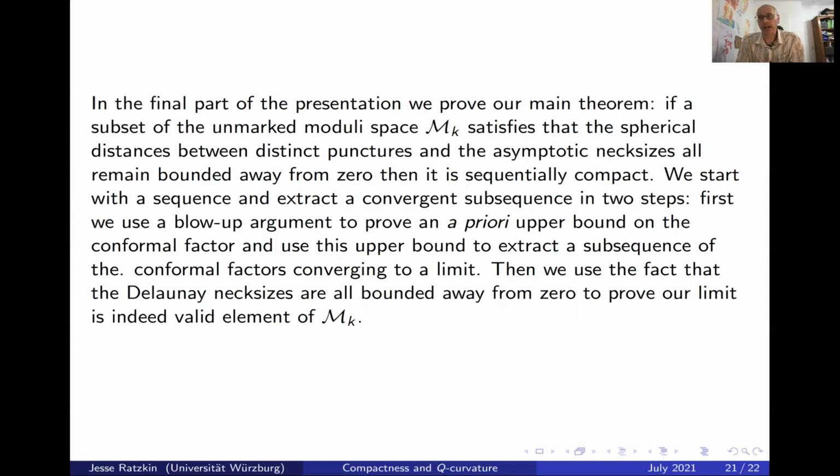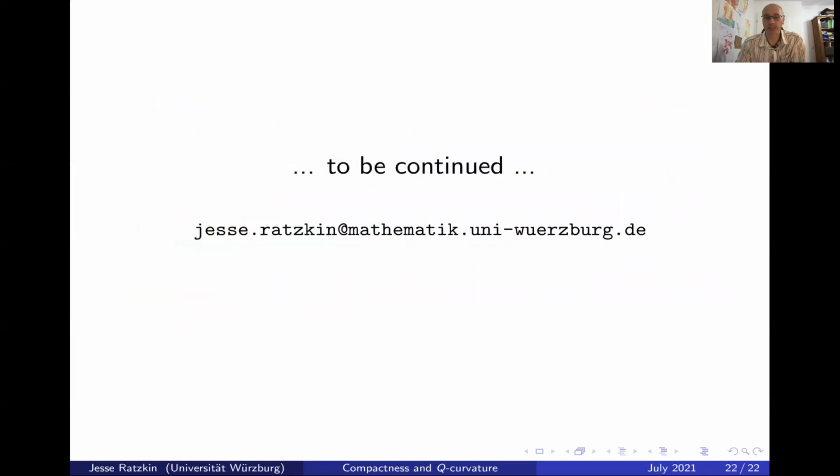So I can extract a limit function. It would remain now to show that this limit function you obtain is strictly positive. It doesn't have any points at which it is zero, and this is where using the neck sizes bounded away from zero becomes important. So we will discuss the sketch of this proof in the final part of this presentation.